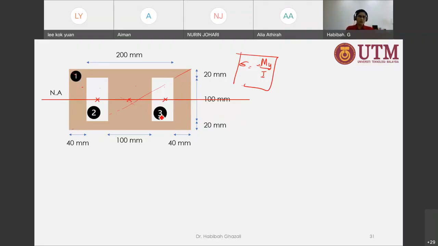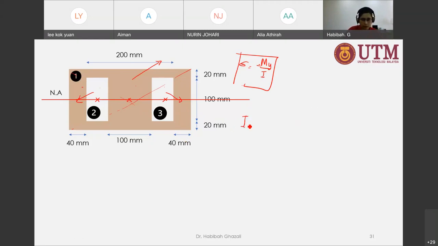So all of them are on the neutral axis, so we don't need parallel axis theorem. What we need to find is the area moment of inertia for shape 1, shape 2, and shape 3. The area moments of inertia for shape 2 and 3 are the same, so you can just double them.